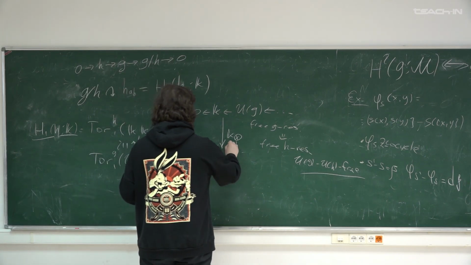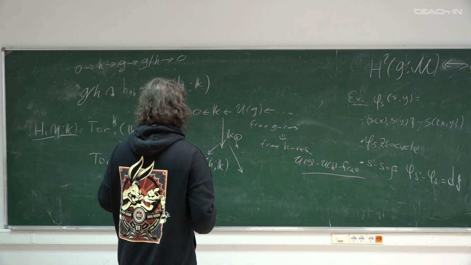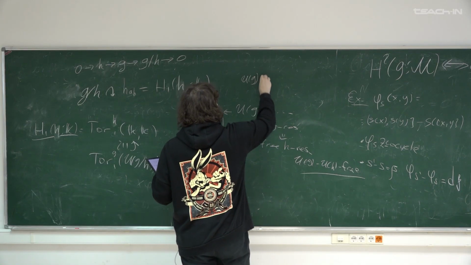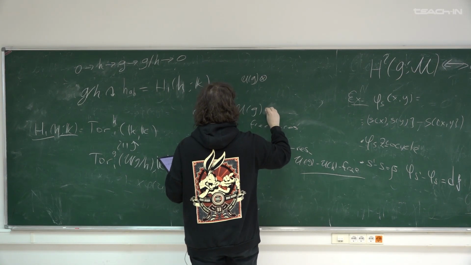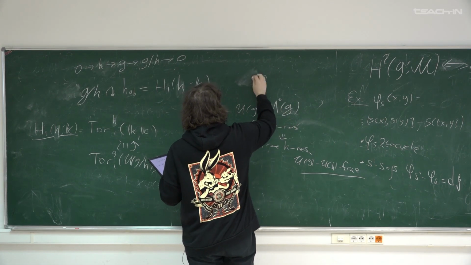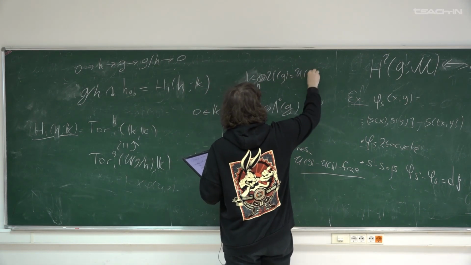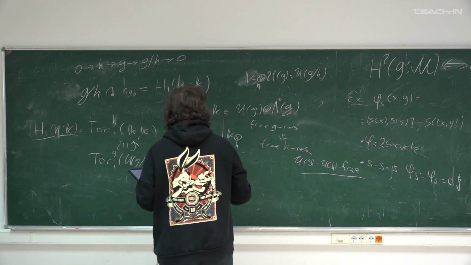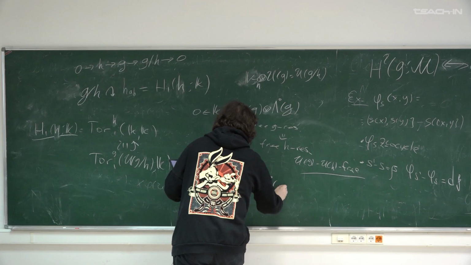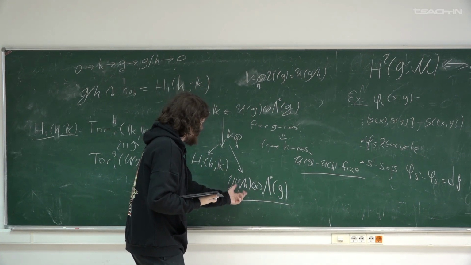But on the other hand, it will be the following chain complex. Let's consider the standard complex, of course, tensor lambda G, and then tensor K over UH with UG is just UG over UH. So I obtain something like this, and this is a chain complex of modules of this ring.